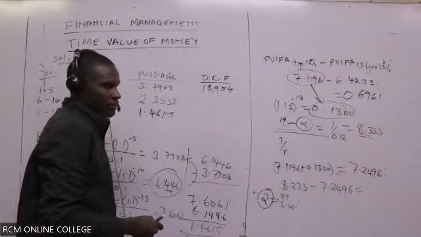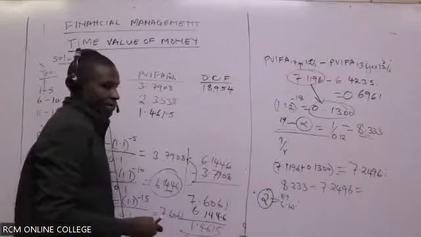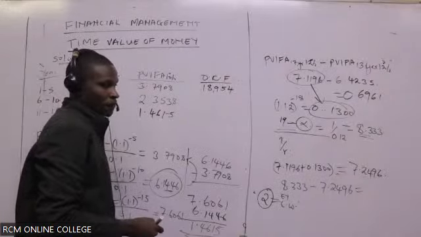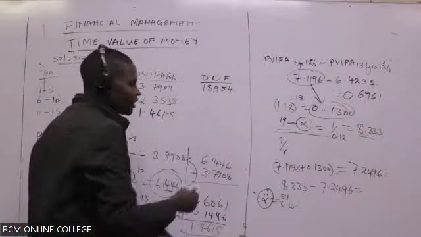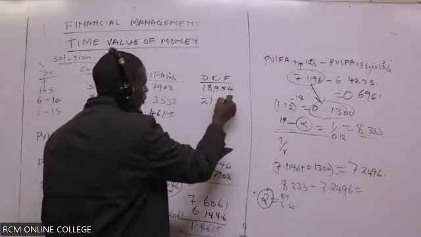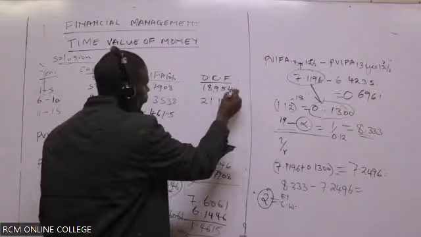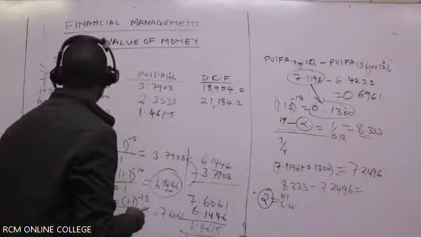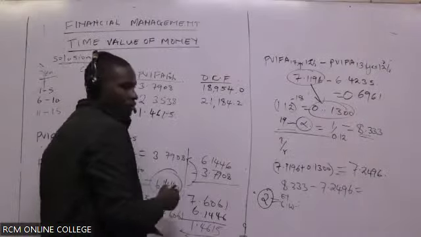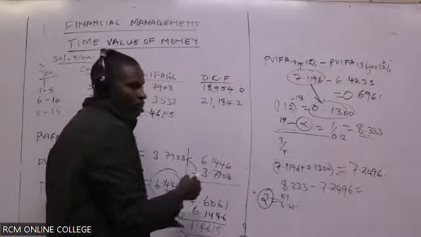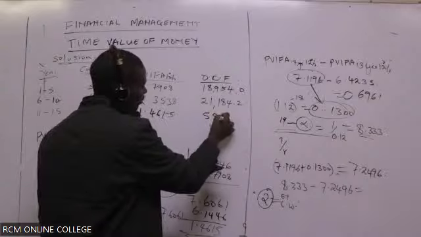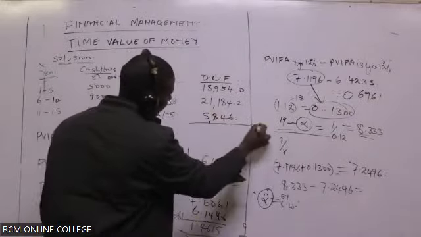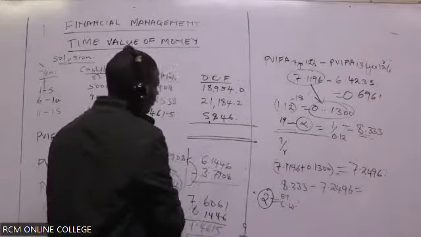What do you get? 21,184.2. The last one is 4,000 times 1.4615, which is 5,846. And that's all. We get our total present value.